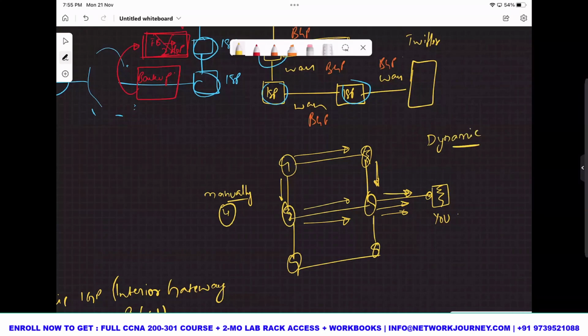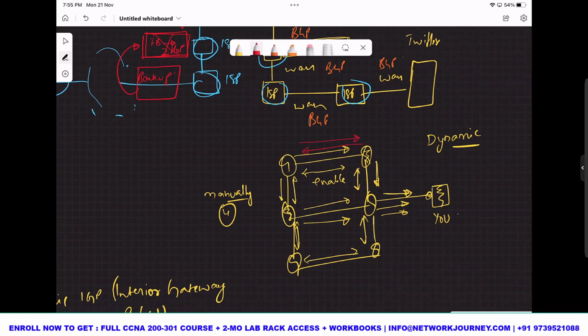So in dynamic routing, what happens? We just enable the IGP protocol between these two. There is a mechanism which runs automatically, and they will form neighbors. If this router sees that the other router is sending a hello packet, it will also send a hello packet.